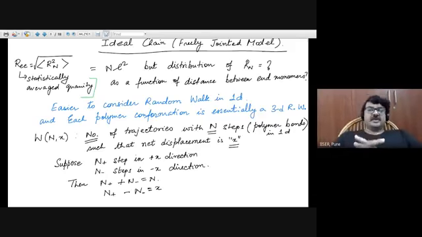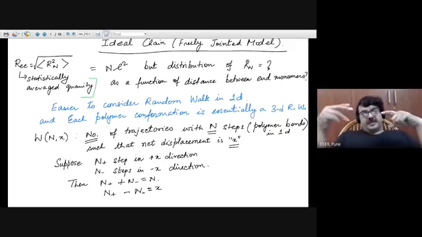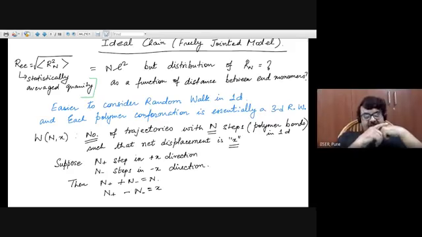You can choose just b equal to 1, and that is equivalent to the subsequent bond vectors along the polymer chain. So bond vectors along the contour of the polymer chain, i plus 1, i plus 2, are basically pointing along any random direction.